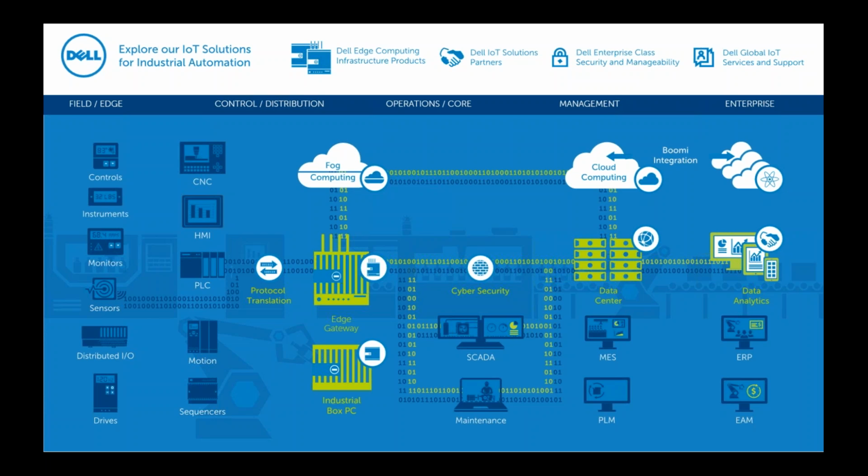In the blue, that is showing the protocol translation, the data that you're picking up from the sensors or the PLCs or the I/O. And in the green, it's the data that you're computing back and forth between the data center or fog computing. So this is just an overview. We just want to help set the stage so everyone understands that we do understand the manufacturing process and where we're going today.